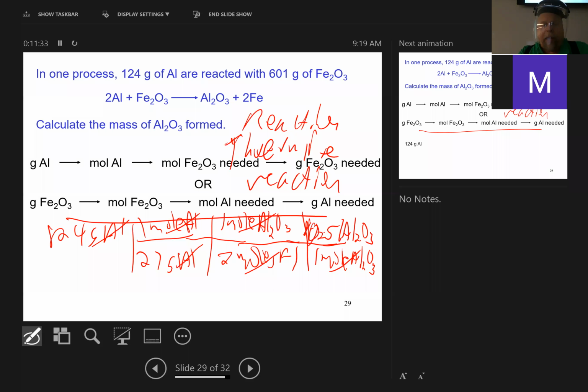I'm sorry for my handwriting. That's the molar mass of aluminum oxide, okay? Did anybody calculate it out? 102 times 124 divided by 27 and 2, divided by 54.